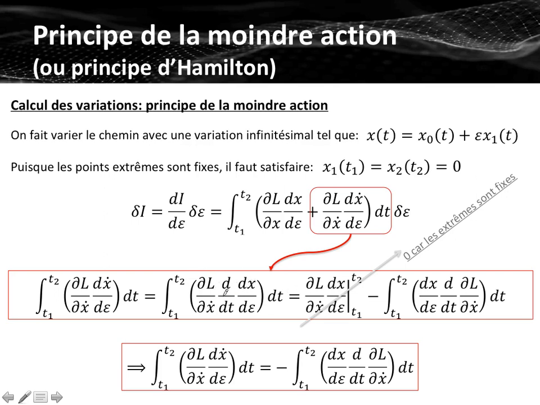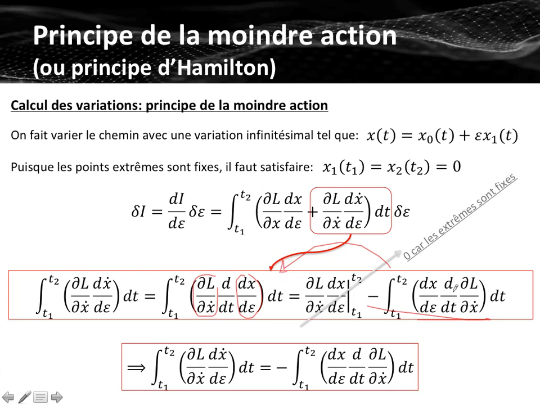The integral of this one with respect to dt, well, it's just this. This is outside of the derivation. So this is the partial derivative of L over x point times dx over d epsilon, between t1 and t2. Now, minus this, and this, if you want, it actually was this plus this equals this.